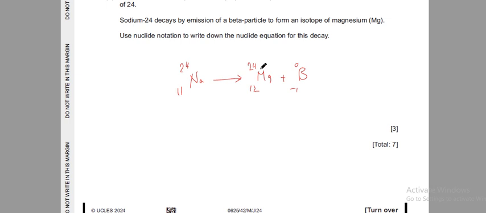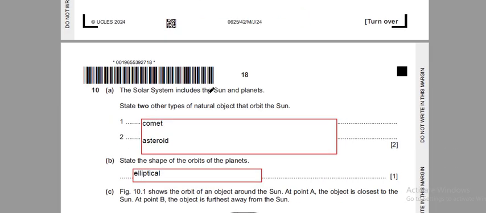We don't know its proton and nucleon number, but we know that a beta particle has an atomic number of -1 and a mass number of 0. So this should have 12, to add both of them and have 11, and it should have 24, because the addition of both nucleon numbers here should equal the nucleon number on the left.